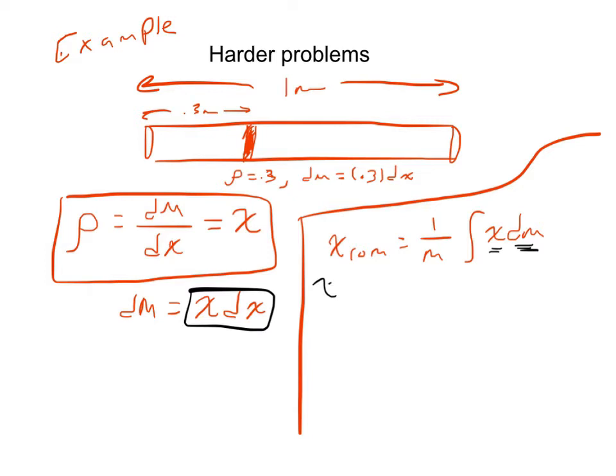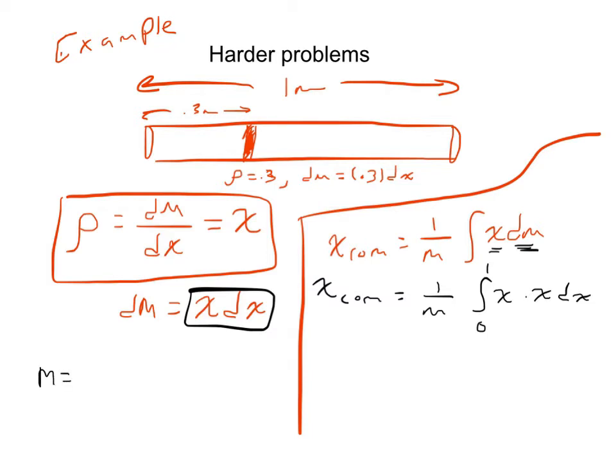So we get x center of mass equals 1 over mass times the integral of x times x dx, and we're going from 0 to 1. Okay, well, before proceeding with the integral, we need to find the mass.